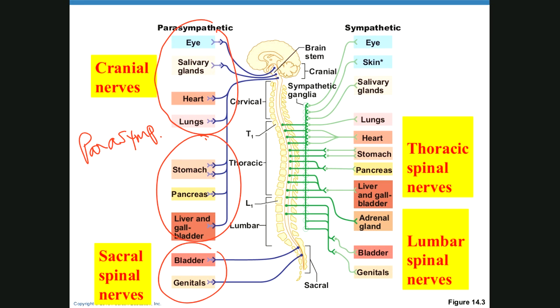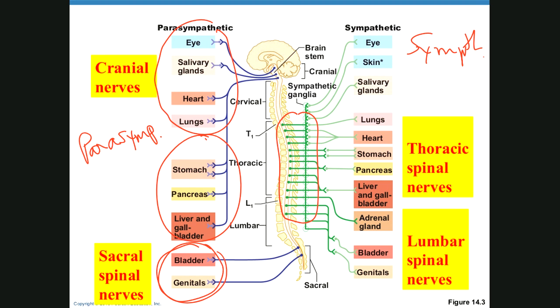And then the other set of nerves are coming from the sacral spinal nerve division. In the sympathetic division, the nerves are coming from the thoracic and the lumbar divisions of the PNS. So sympathetic nerves leave from the thoracic area of the spinal cord and the lumbar area of the spinal cord.